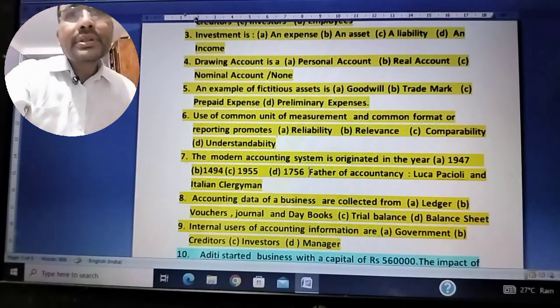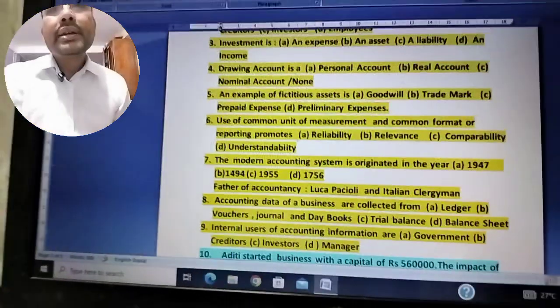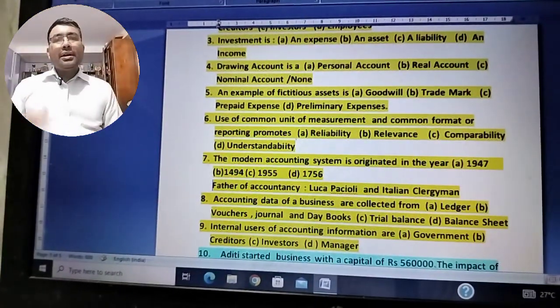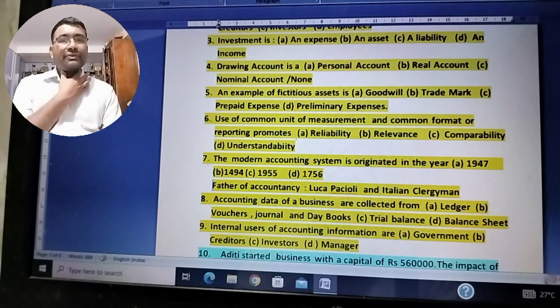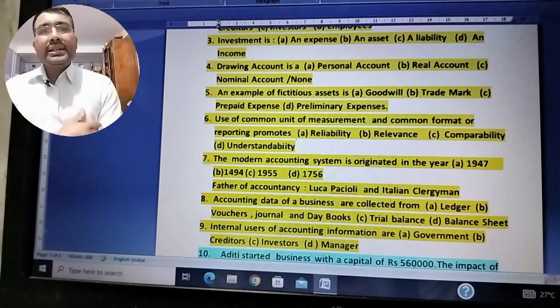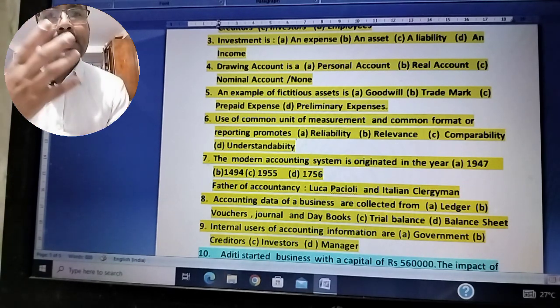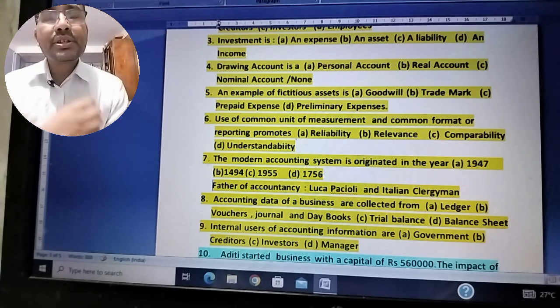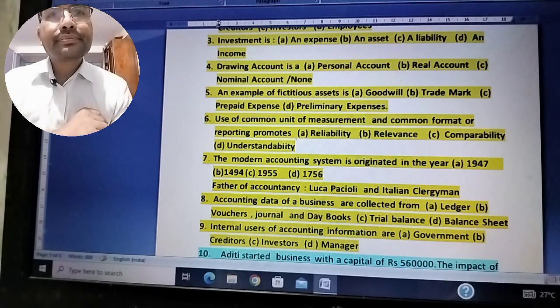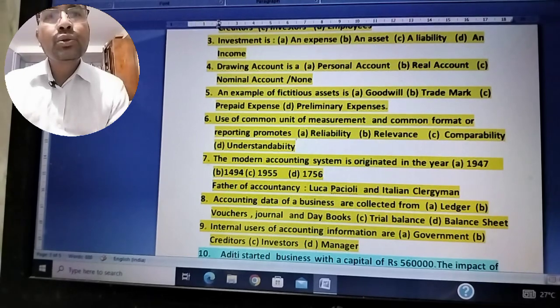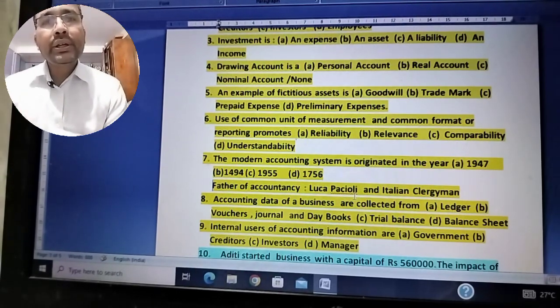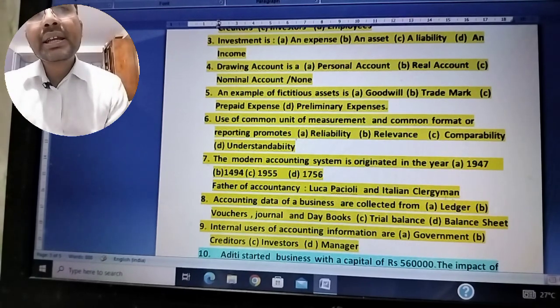I have written here, if you see this, the father of accountancy. Luca Pacioli, who is regarded as the father of accountancy, was an Italian clergyman. So three types of questions may be asked from this point: the year of formation of the modern accounting system, it is 1494, and the father of modern accounting is Luca Pacioli. And is Luca Pacioli a French person, a British or American, or an Italian clergyman?